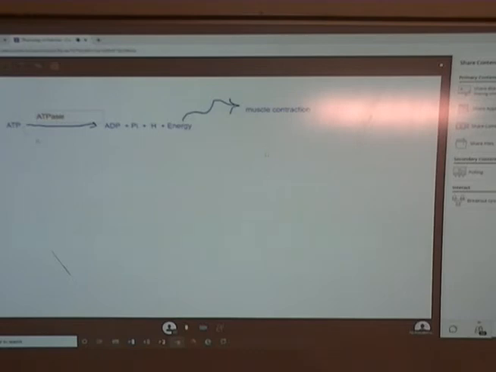So we don't want to just stop moving after 5 seconds, so we have to have a backup plan. All right? Our backup plan is phosphocreatine. Right? So we have phosphocreatine, and it gets broken down into creatine plus inorganic phosphate plus energy.